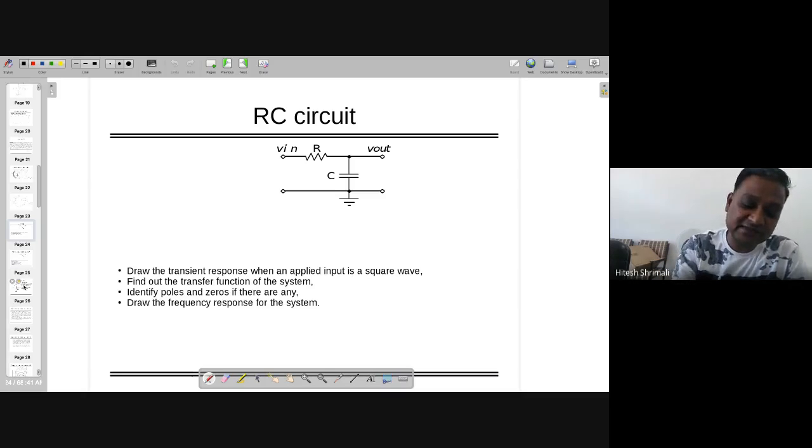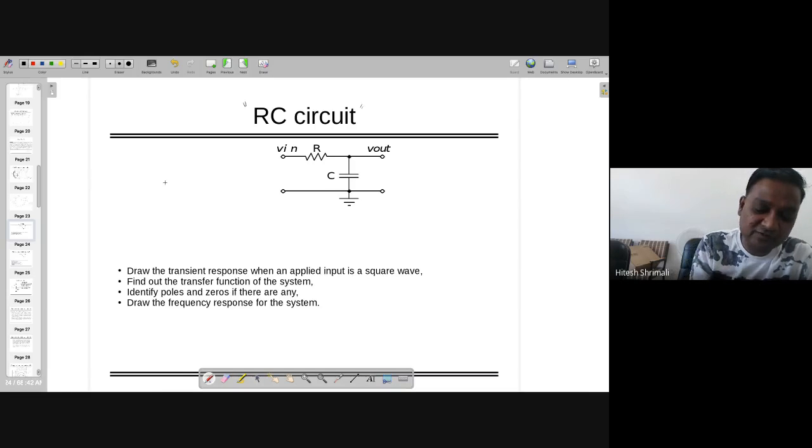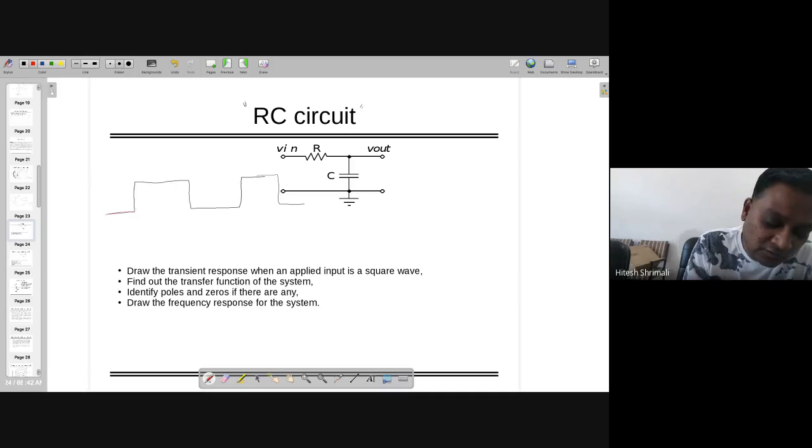Let's assume that there is an RC circuit. This is a revisit for mostly everyone. Maybe you can use your notebook and draw this. Draw the transient response when the applied input is a square wave. So if the input is a square wave like this, the output will look like this one.